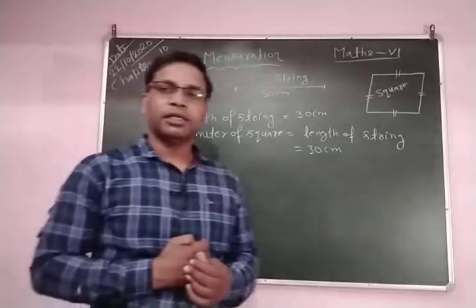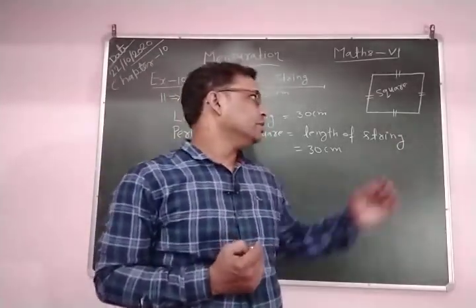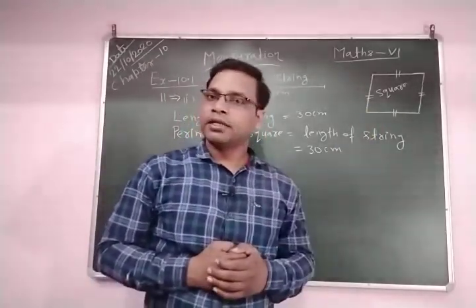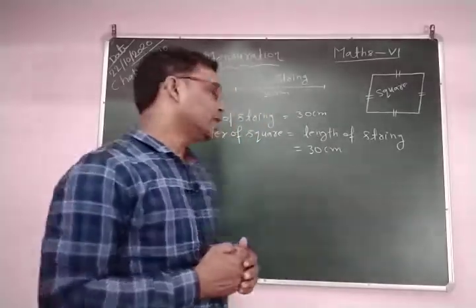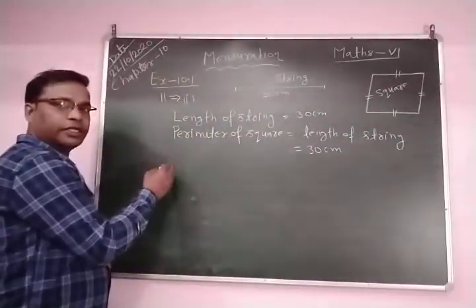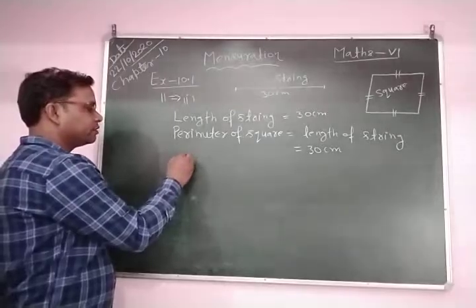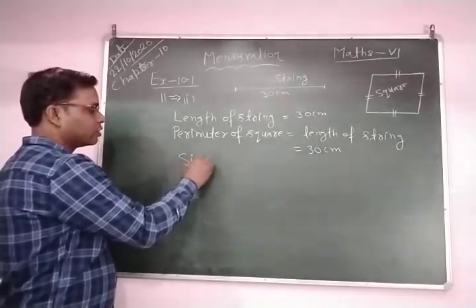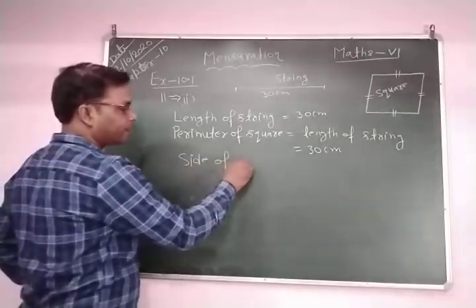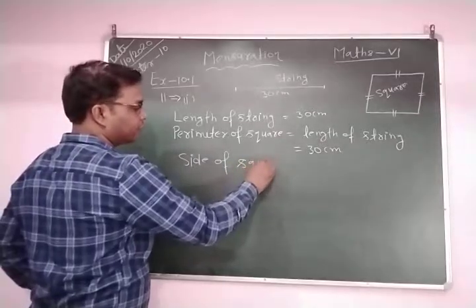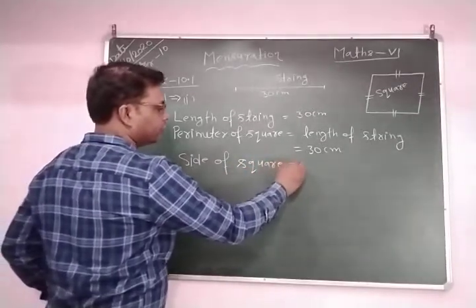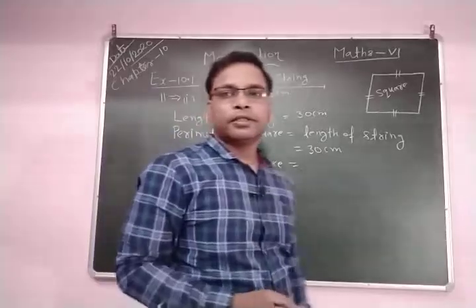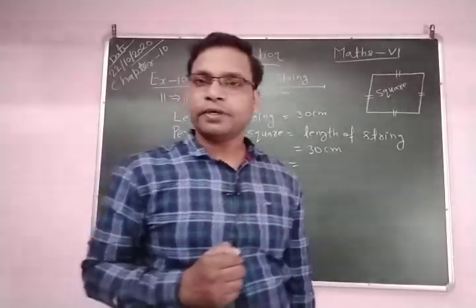We need to find the side of this square made by the given string. So side of square is equal to, we know that the perimeter of square is 4 into side.